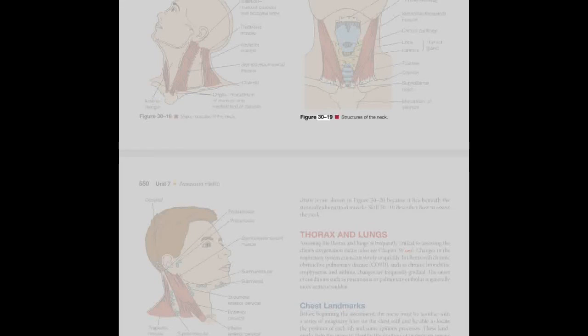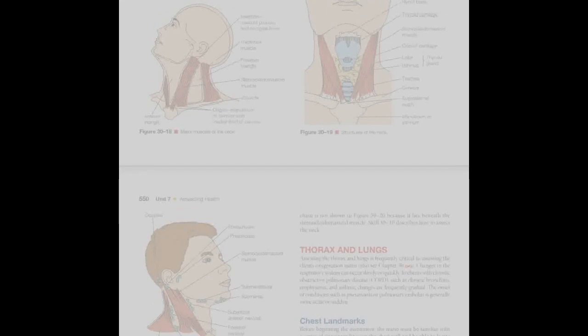Figure 30-19, structures of the neck. Hyoid bone. Thyroid cartilage. Sternocleidomastoid muscle. Cricoid cartilage. Lobe, isthmus. Trachea. Clavicle. Suprasternal notch. Manubrium of sternum. Thyroid gland.